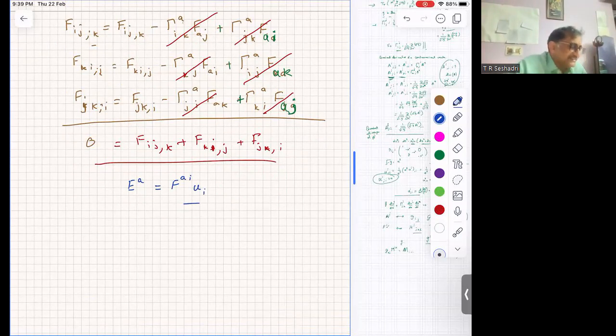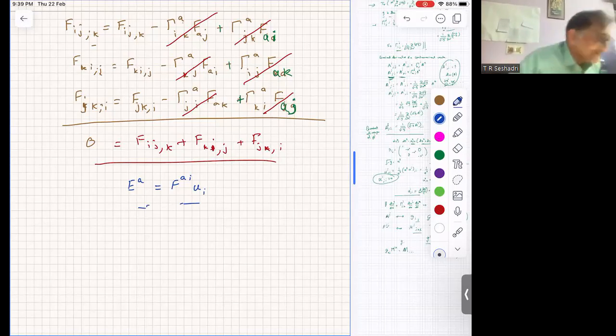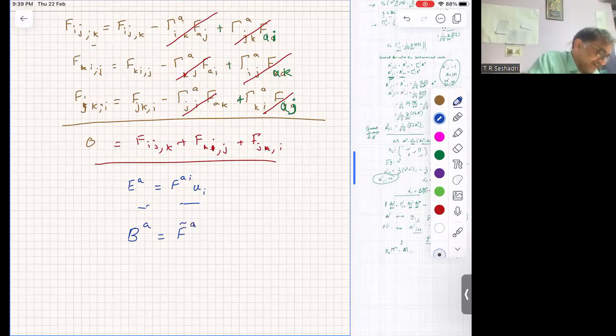When u^i is static, then this is the usual electric field. And then the alpha component of B is F tilde alpha i u^i, with a plus or minus sign, but this is what it is. Are you getting it?